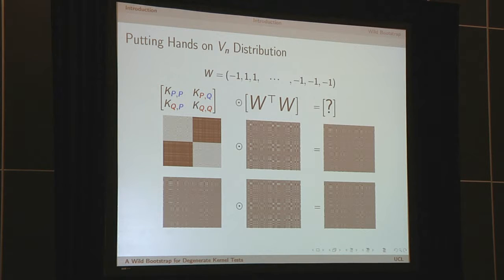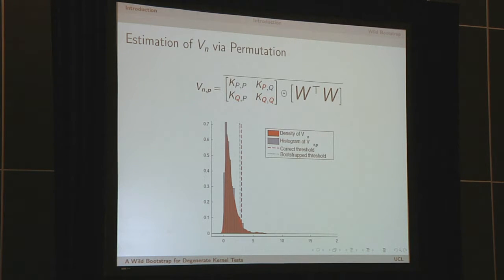yet another matrix which resembles the Gram matrix in the case when P is equal to Q. We'll try to see how this visual similarity transfers to the similarity of the distributions. So again, we take our Gram matrix, we take our bootstrap matrix, and we define the bootstrap V statistic.